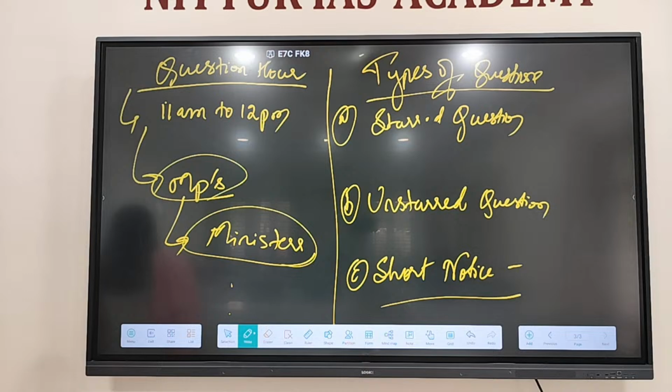A member can ask supplementary questions after the minister replies. Full stop. Next is unstated question. Requires written answers only. No supplementary questions are allowed.